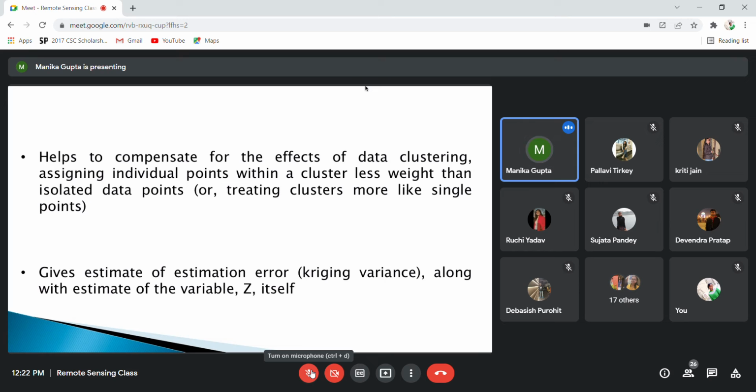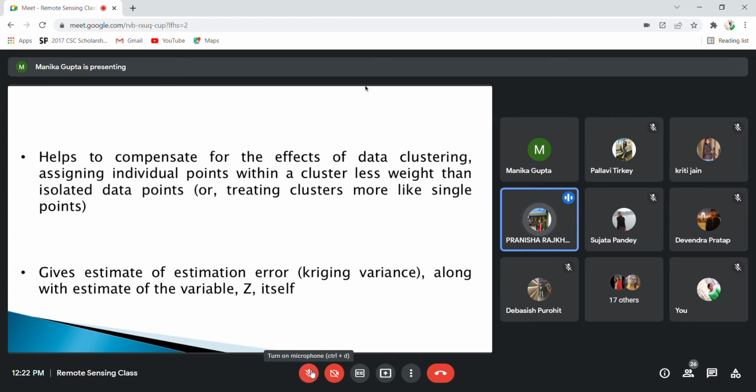So when you have done a lot of sampling in one area, they will be treated as one single point rather than all points being treated separately. And you give importance to the data which is a little far away. Okay, is everyone with me? Is everyone able to understand?